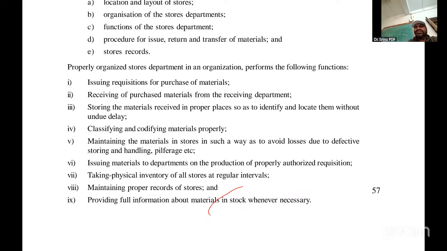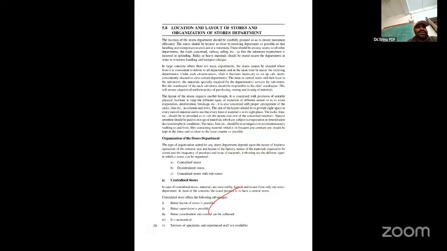Next. Next is what? Location and layout of stores. See, location is very important. How is it very important? See, this is our office. Our production area is this one. The stores department is this one.